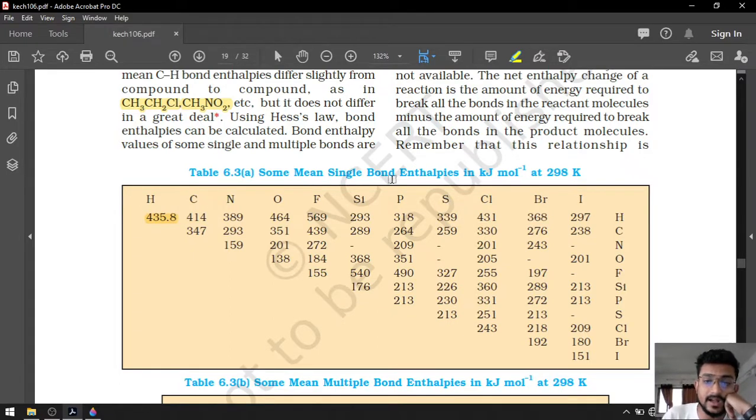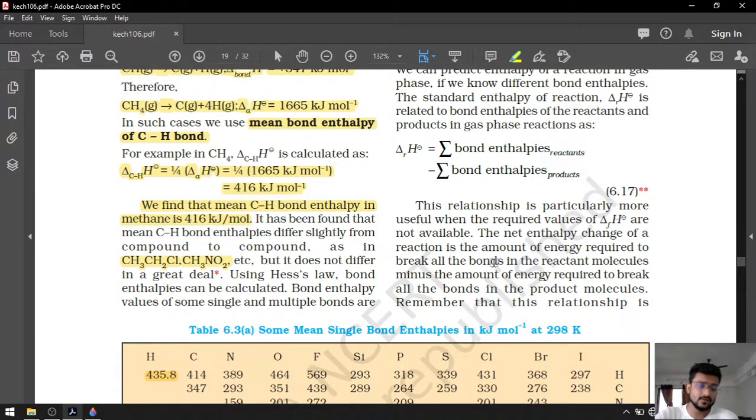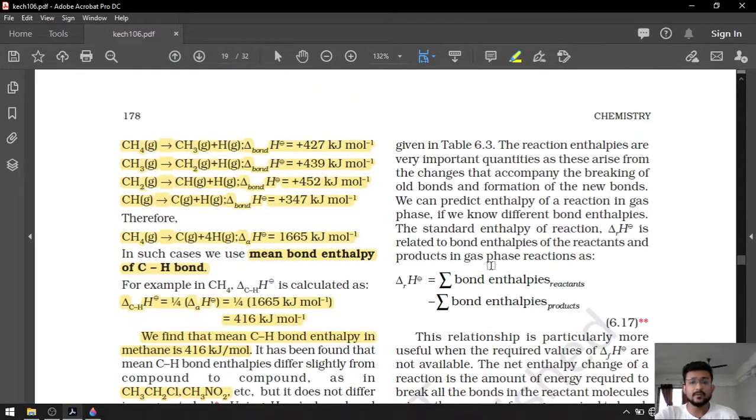Some mean bond enthalpies in kilojoule per mole. It is not that important for us. Okay, it is carbon with hydrogen, carbon with carbon, then nitrogen with hydrogen, nitrogen with carbon, nitrogen with nitrogen. But this table will not be useful anywhere, so do not discuss that more.